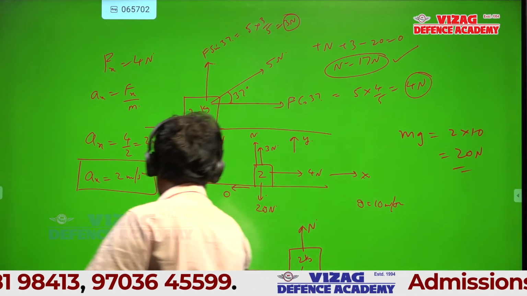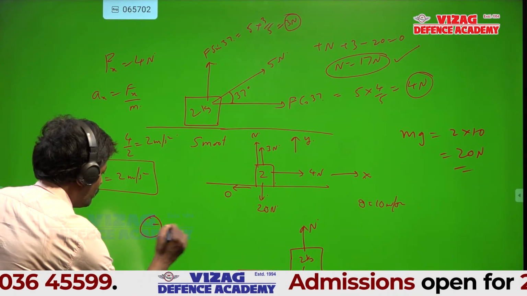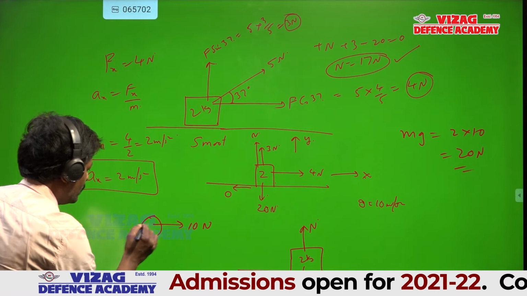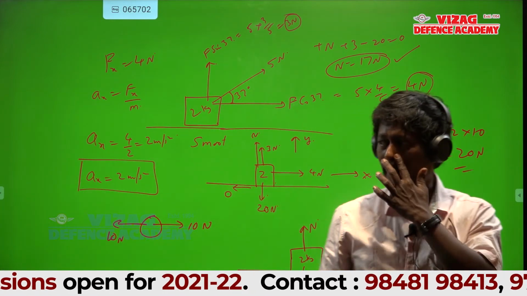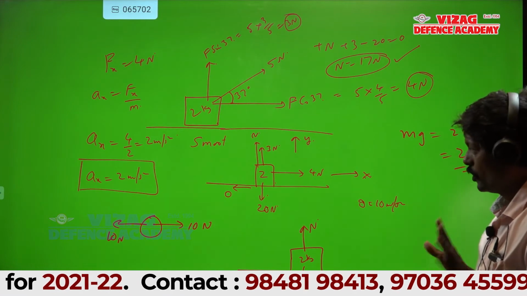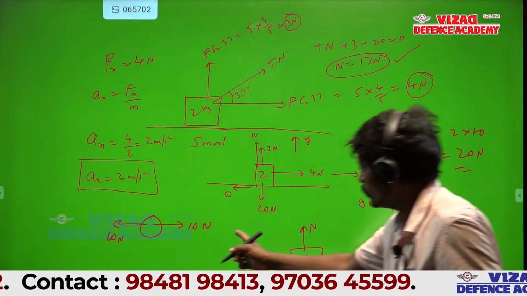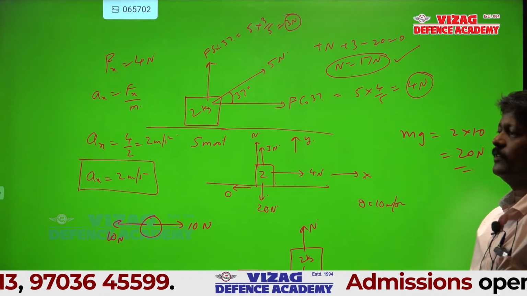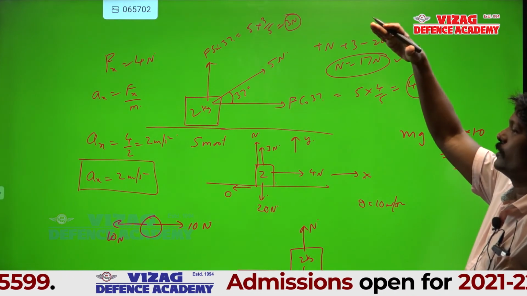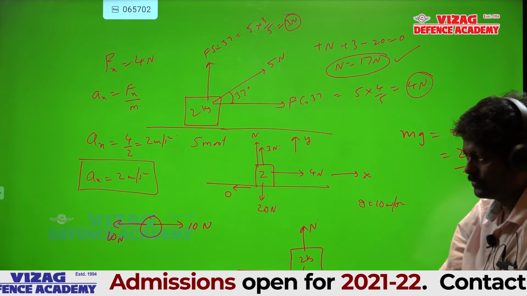The body will not move, or it may move with uniform velocity. 10 minus 10 is 0.